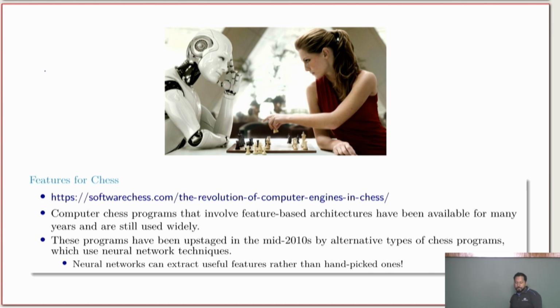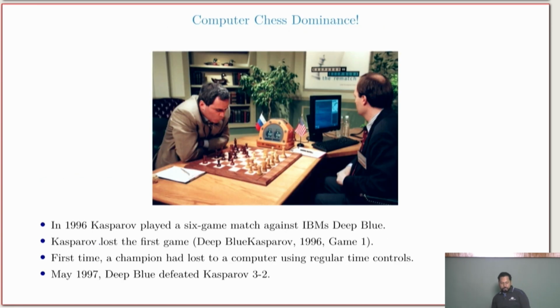So obviously we have seen some computer engines to play chess, and they involve some features. The earlier ones were all handcrafted features. They were expert players. They used to tell that, look, this is what I feel are important features, and based on that they used to make these computer engines. So obviously now we can use neural networks in these cases.